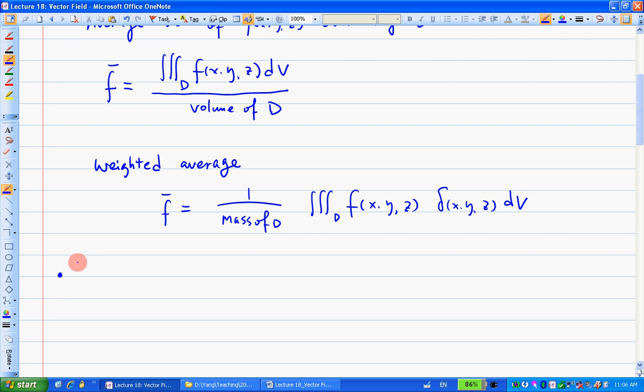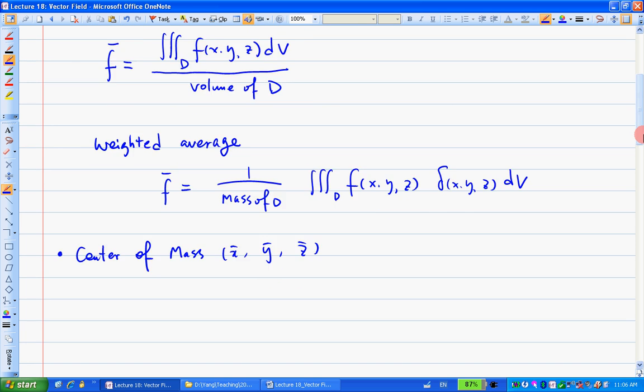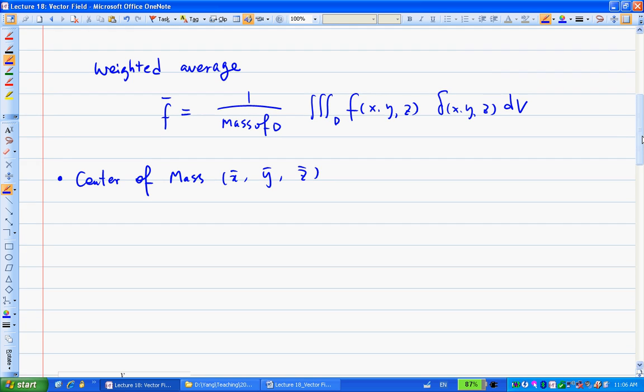Okay, so then we have the center of mass. To calculate the center of mass, it's the same way as the double integral.